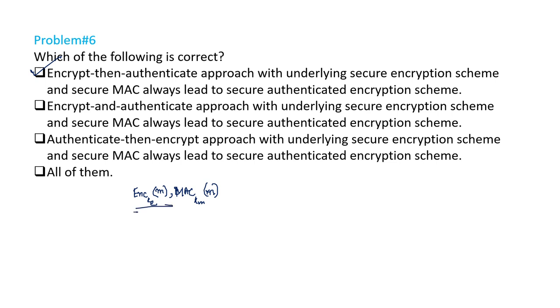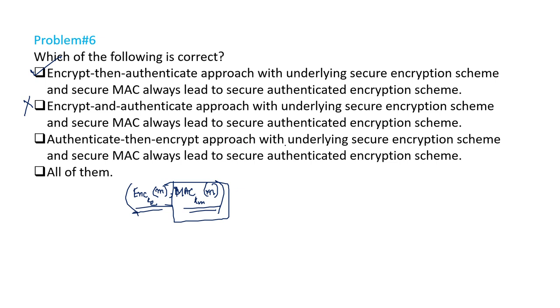So although this part is randomized due to the CPA secure encryption scheme, this part can be deterministic if the underlying MAC is a deterministic MAC. Although it can be secure, it is a deterministic thing. So overall the ciphertext has some part in it which is not randomized, and we can exploit that fact to get to know the underlying plaintext for a challenge ciphertext, right? So yes, this is hence incorrect.